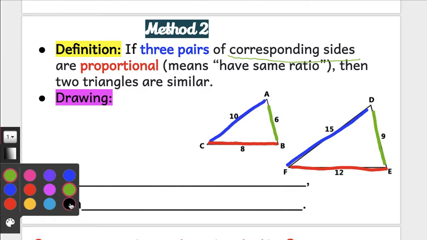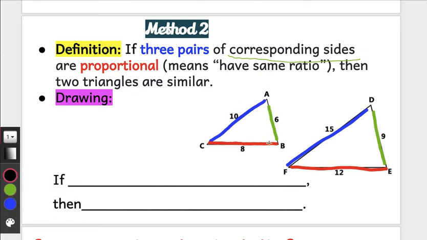Okay, now let's figure out the ratio of the corresponding sides and whether we can really prove they are proportional. So we have 10 over 15, that's the first ratio, 8 over 12, 6 over 9. If we pay attention to these ratios, you find everything simplifies. For example, if I divide by 5, this one will be 2 over 3. And if I divide by 4, it's going to be 2 over 3.